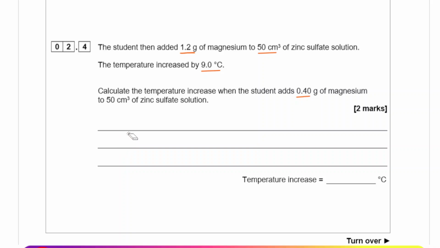So let me start over. If I divide 9 degrees, the temperature change, by 1.2, then I would get the temperature increase for 1 gram, and then multiply by 0.4 grams. Doesn't matter whichever way I do it, 9 times 0.4 or 0.4 times 9, I still get 3 degrees.